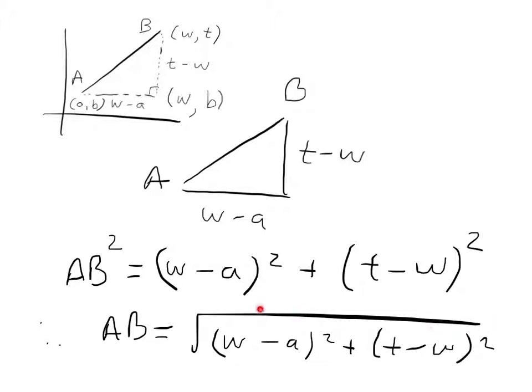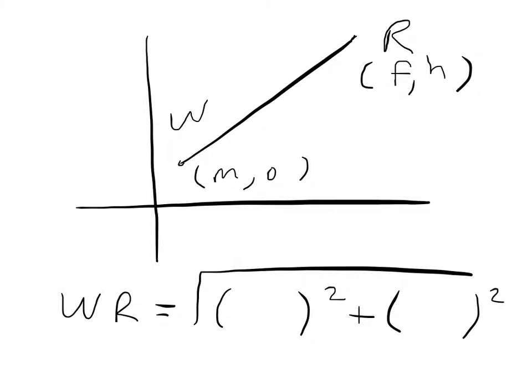If I square those differences, I'm going to get the same thing. So basically, the formula is subtract your x coordinates, square them, subtract your y coordinates and square them, add them together, then take your square root, and that's your distance formula. So we'll look at that one more time as just the formula itself as we keep going here. So suppose we want to find the length of segment WR.